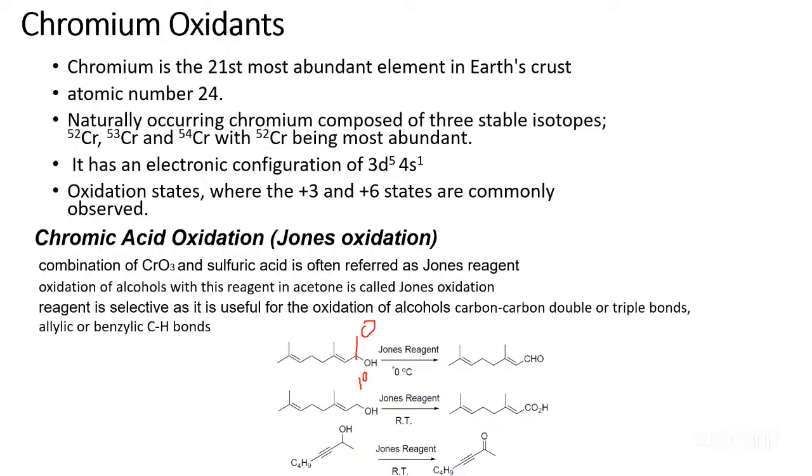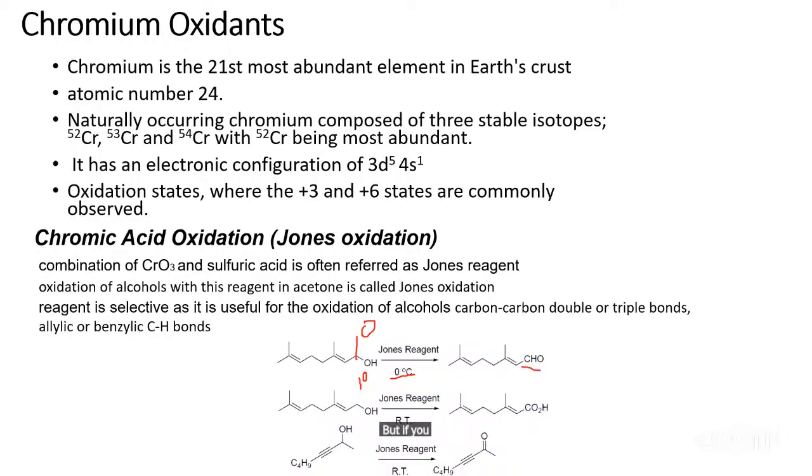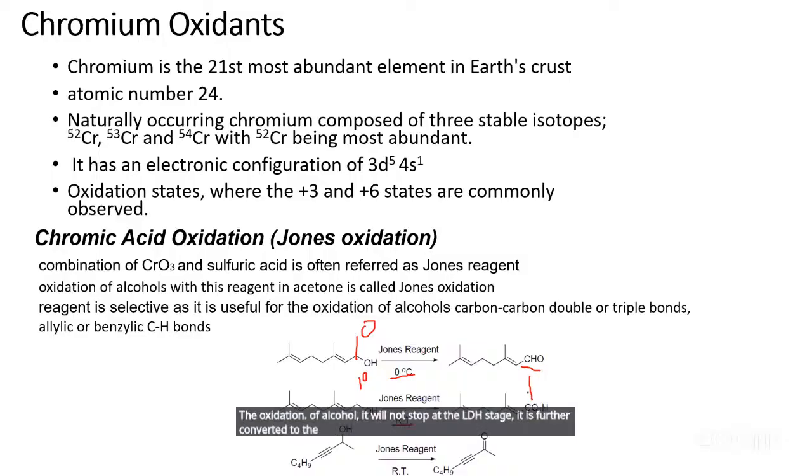The reaction conditions are different. When you perform the reaction at 0 degrees Celsius, we observe the formation of an aldehyde. But if you increase the temperature to room temperature, the oxidation of alcohol does not stop at the aldehyde stage, it is further converted to the acid stage.